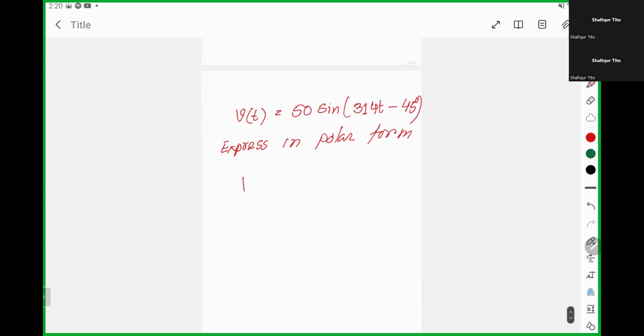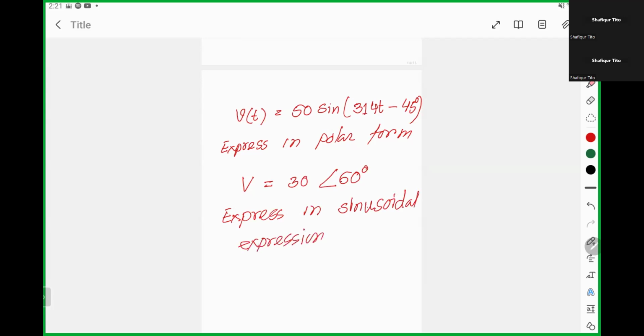And I have another signal, say 30 at an angle of 60; express it in sinusoidal form. Sinusoidal expression. Do it quickly, then we'll move to complex numbers and rectangular representation.